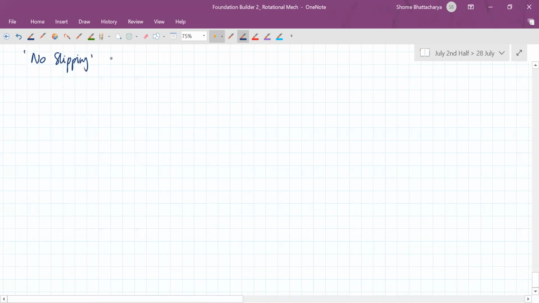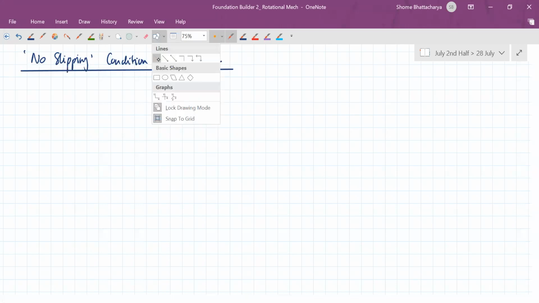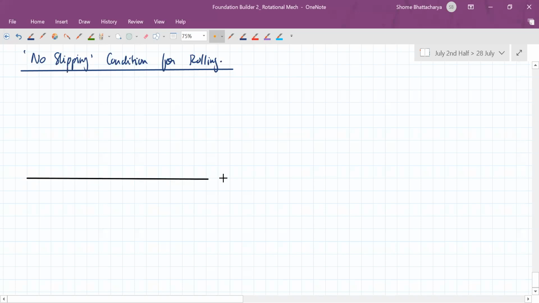The no slipping condition for rolling. Let's understand this. So let's start with the example of an object rolling on a horizontal surface.